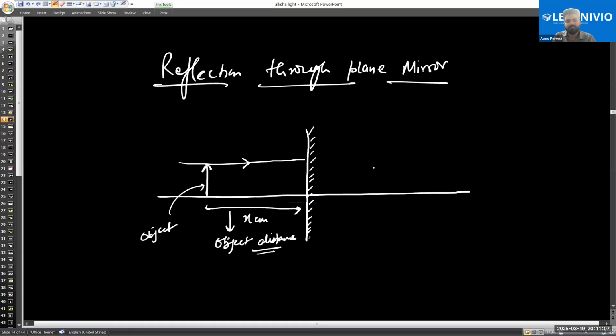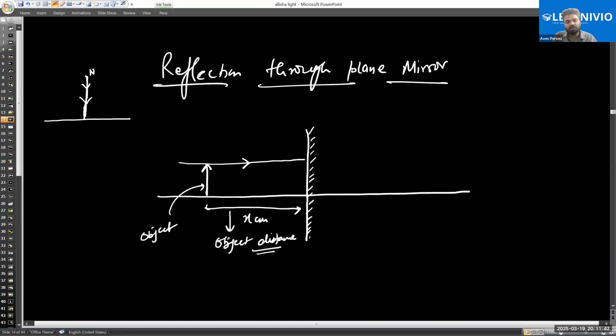Let me explain how. You know that whenever a ray is incident on a mirror making an angle of 90 degree with the surface, then the same ray will make 0 degree as the angle of incidence.